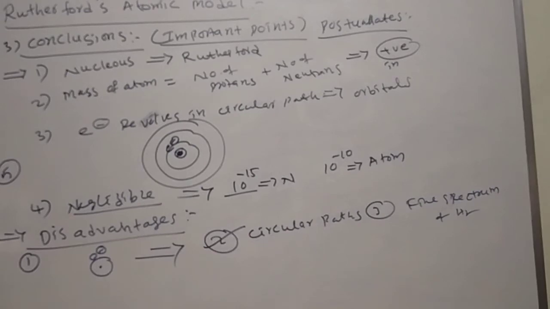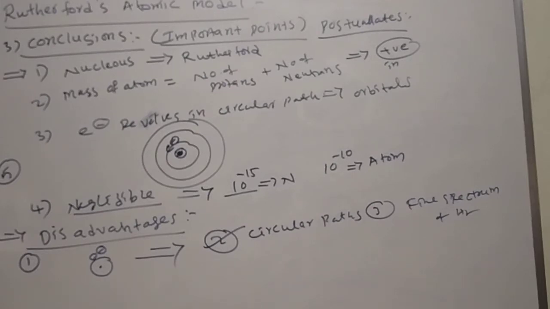Based on those observations, he gave us some conclusions. Those conclusions are simply called important points or postulates of the Rutherford model. From the examination point of view, if they ask postulates, you should write about those 4: about the nucleus, the mass of an atom, the electron, and the comparison of atomic volume and volume of the nucleus.